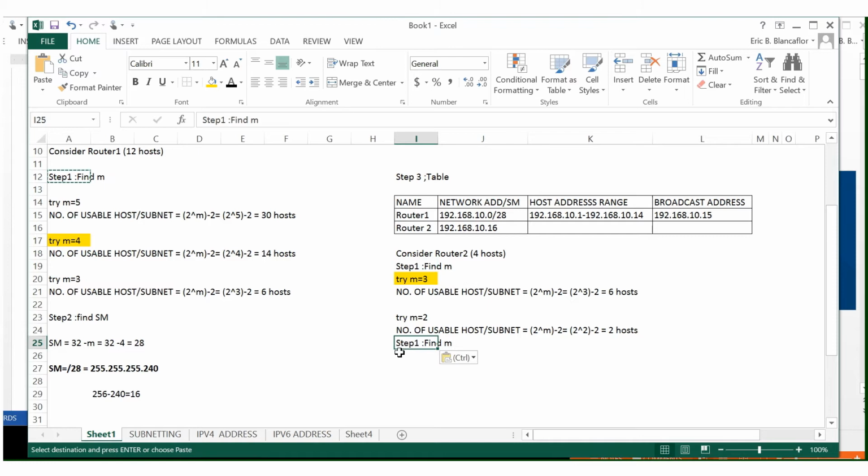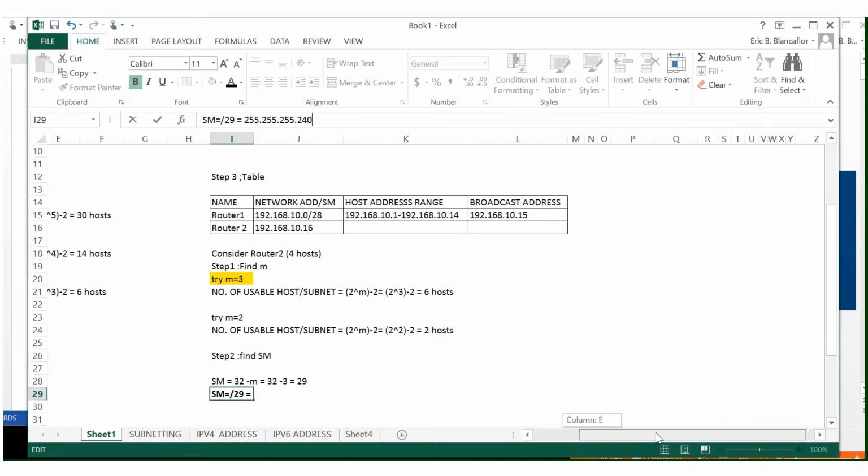Step 2 is finding the subnet mask. So, subnet mask is 32 minus M, and our M is 3. So, 32 minus 3 is 29. And what is slash 29? So, slash 29 is 255.255.255.dot, go here, diba?